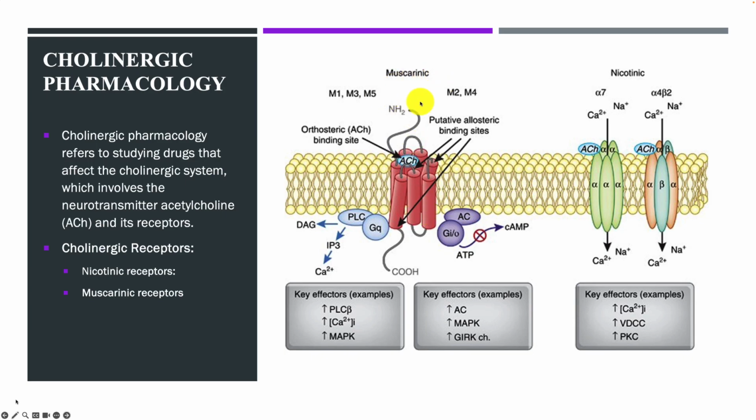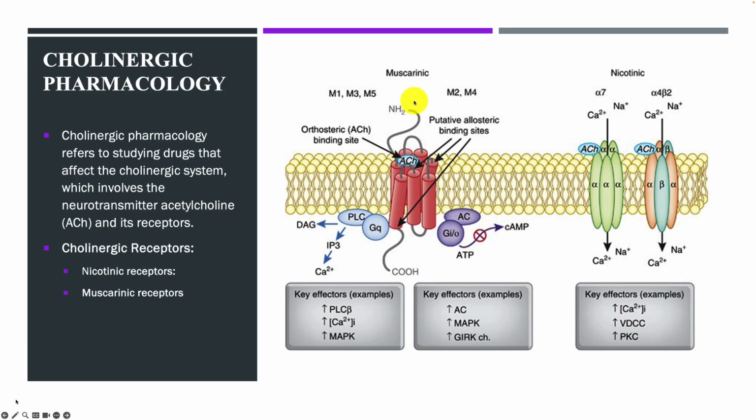So muscarinic is a G-coupled protein receptor. If we count, we can see those 7 transmembrane portions of that protein. We know that it's going to activate the G protein, and the G protein is going to activate cyclic AMP. In this particular case, you can see here that cyclic AMP activation has been shut down.